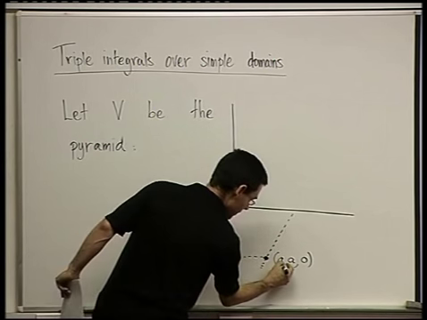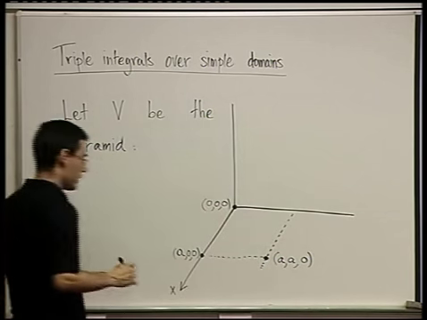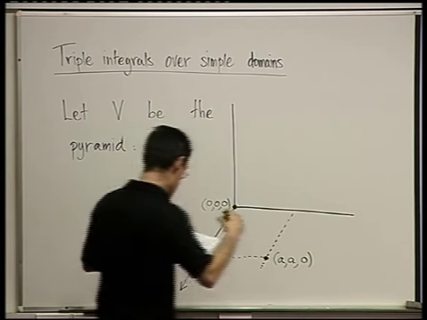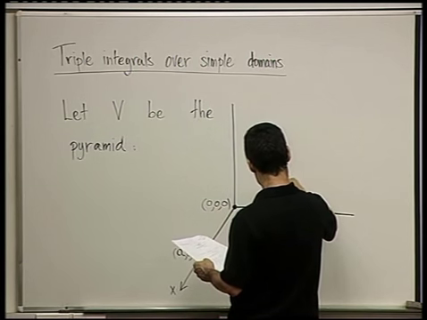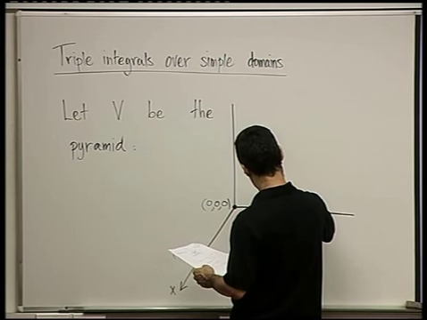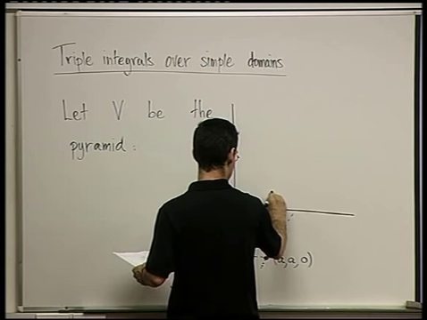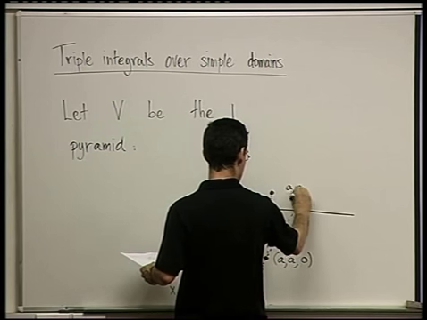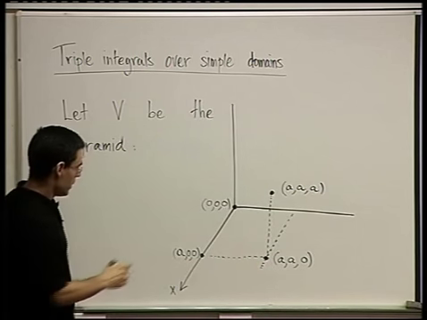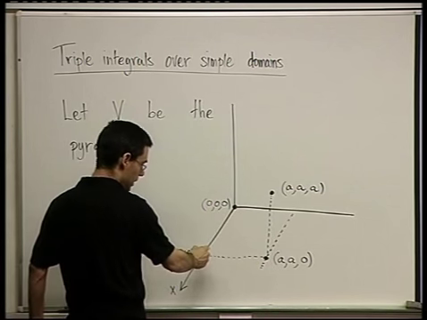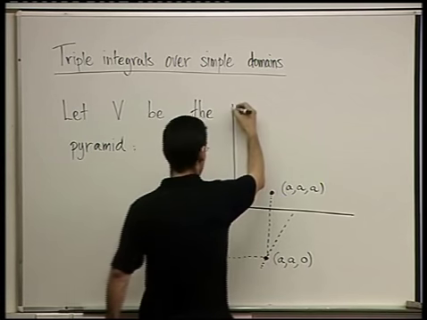You can see the tails of the A's, which is what makes them different from the zeros. And then up here is going to be the point A, A, A. So this is A on the x-axis, this is A on the y-axis, so it's A, A, 0, and this is A on all three axes.